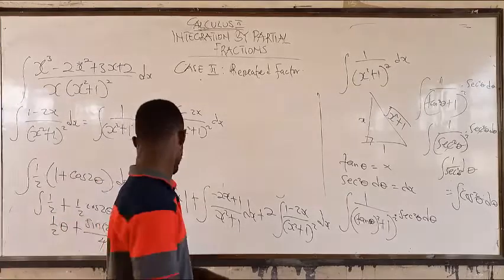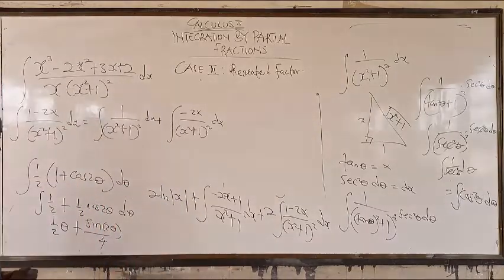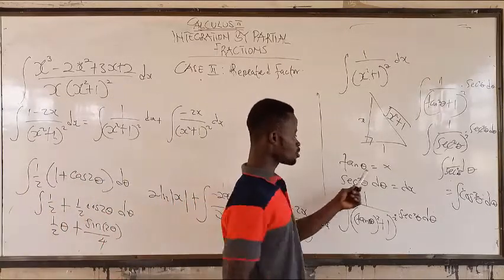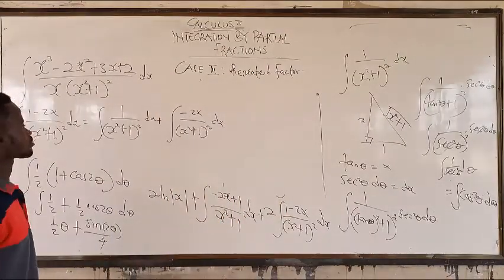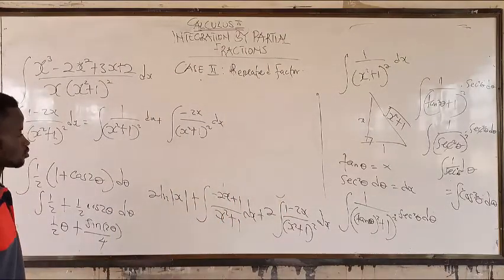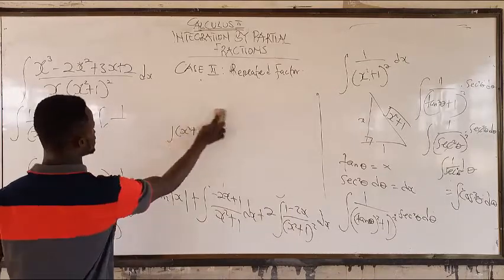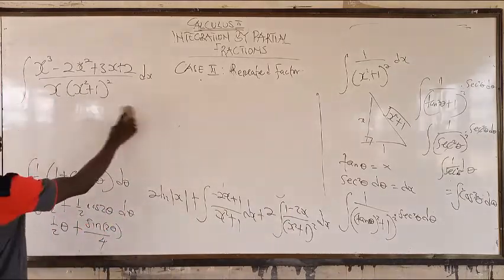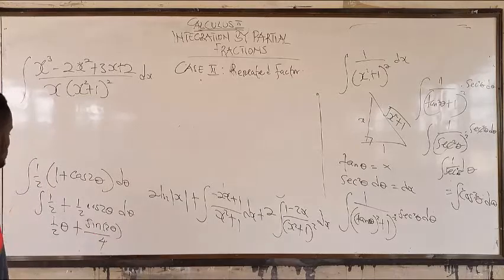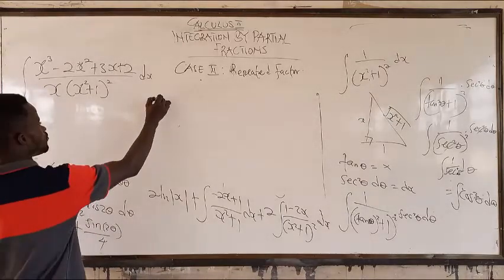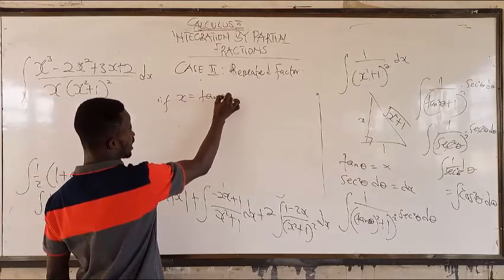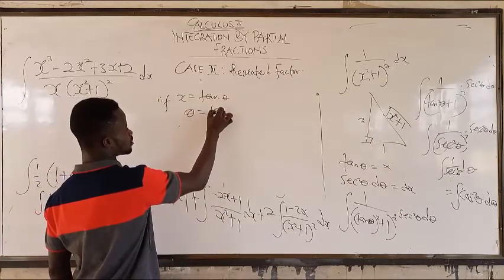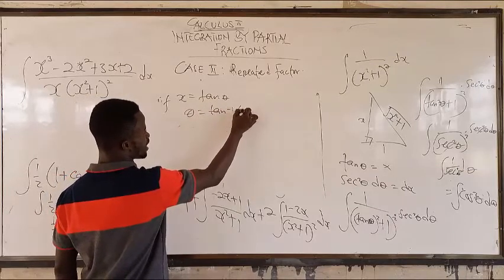But we know that theta is equal to what? We transform back. If s is equal to tan theta, then theta will be equal to tan inverse of s.